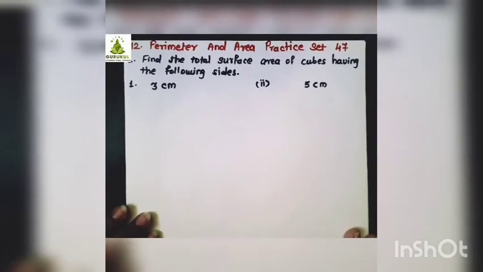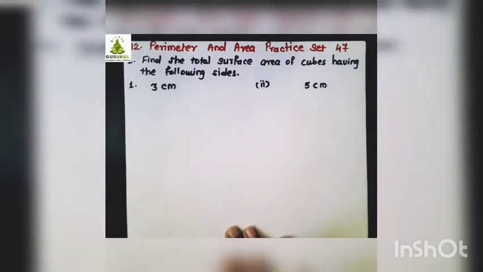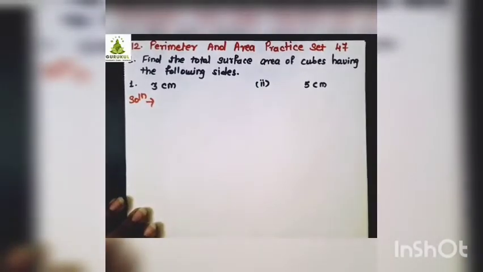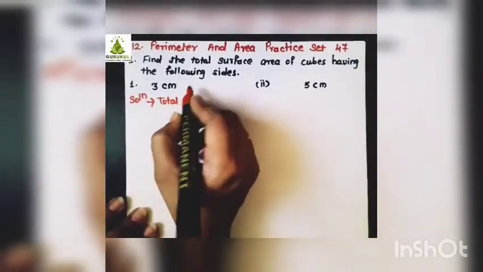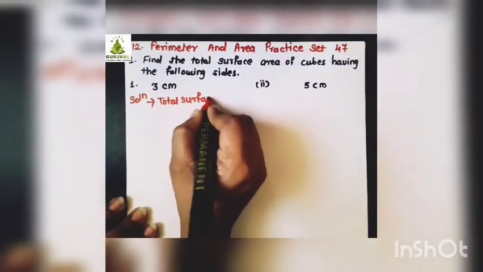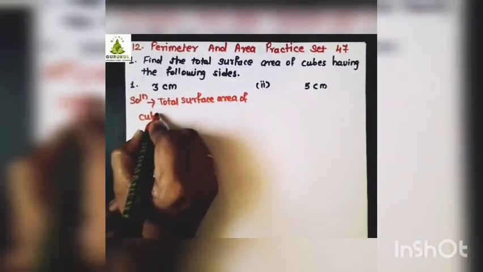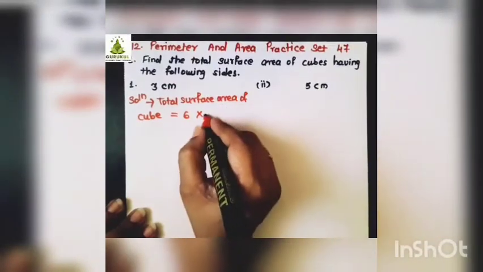In the previous video we have discussed the formulas to find the total surface area of cubes and cuboids. So first of all, to solve this we have to write down the formula, that is, total surface area of cube is equal to 6 into L square, or 6 into side square, anything we can write.